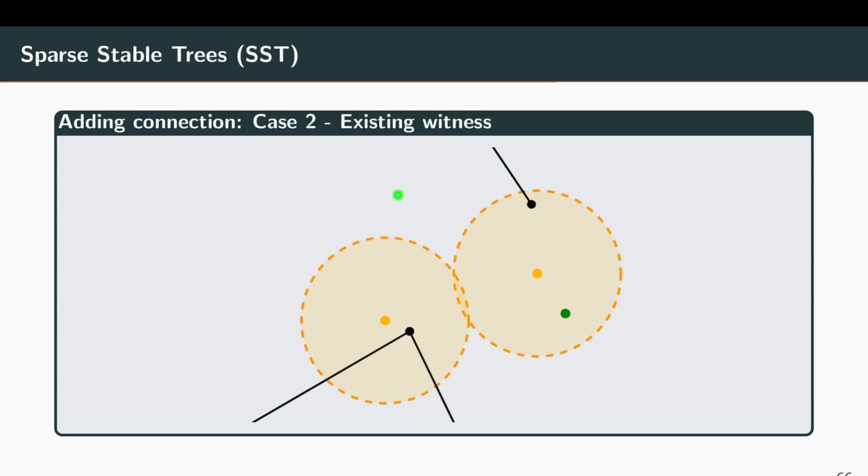Okay, so the second case is, okay, let's assume we already have a witness. So in this case, again, let's say we expand this node, but we somehow want to go in this direction. Then we have kind of this potential thing. And this is a problem because now our invariant is violated. In particular, this witness over here has now suddenly two nodes that are in the tree.